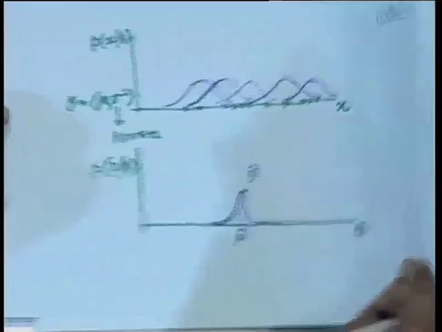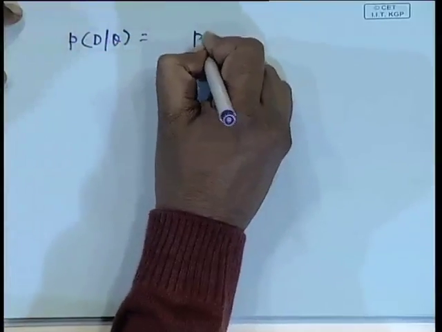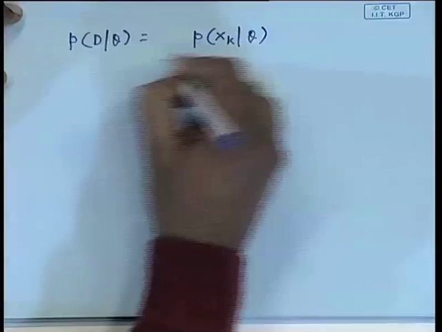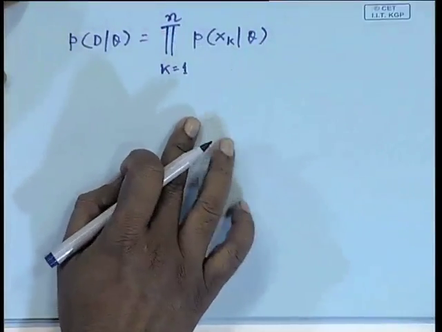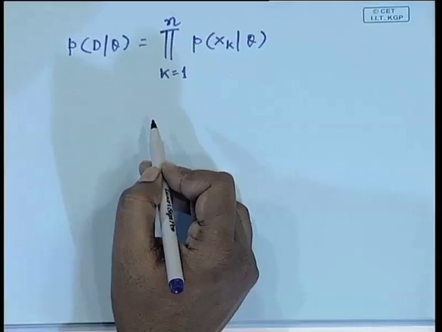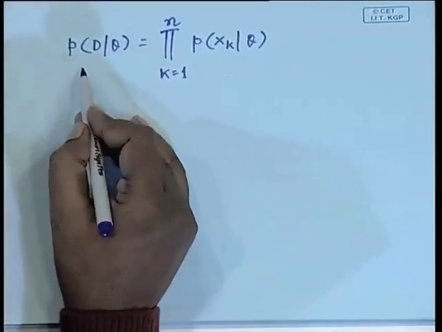Okay. So, the likelihood value of theta, as we said, is represented by p of D given theta, which is equal to the product of p of x k given theta, k equal to 1 to n, where n is the number of samples present in the set D. And we have also said earlier, in case of our discriminating function, that instead of simply taking the probability density function, if you take the logarithm of it, that helps us in analysis.